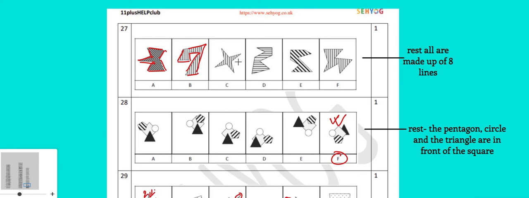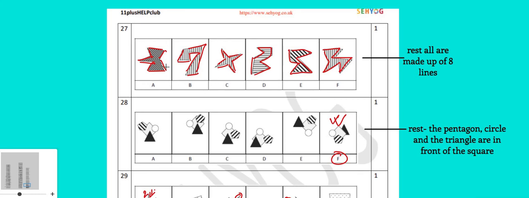And the same for each of the remaining figures, 8 lines each. So here all are made up of 8 lines. But which one can we say is the uncommon one?